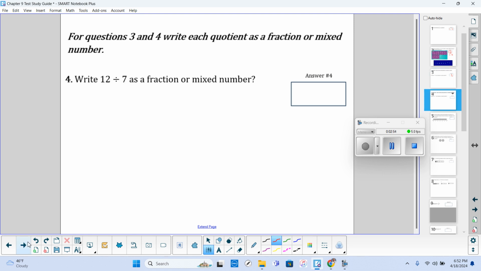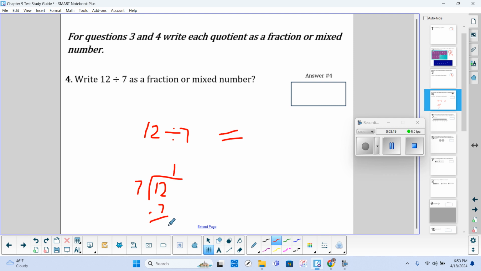Number 4, write 12/7 as a fraction or mixed number. Well, 12/7 means 12 is being divided by 7. We can do it this way too, 12 divided by 7. 7 goes into 12 one time, 1 times 7 is 7.